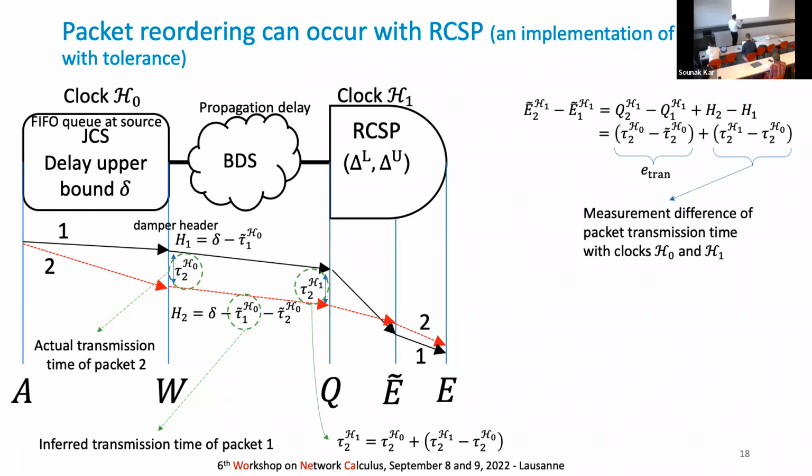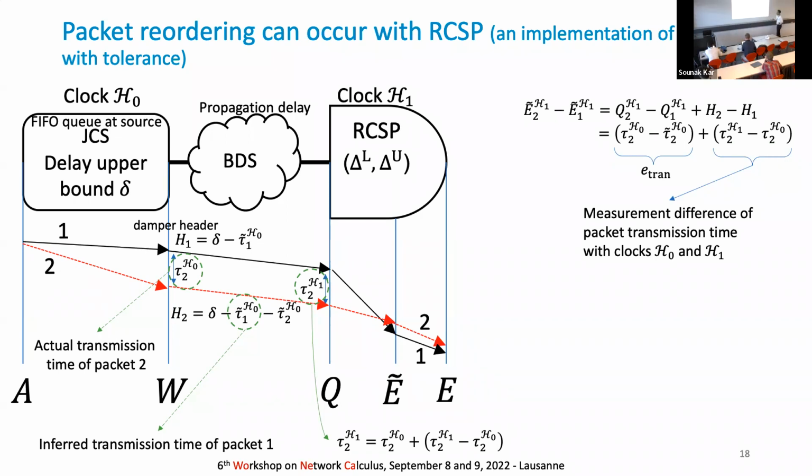Then, if the damper at the end computes the theoretical eligibility time simply as the arrival time plus the damper header, we see that the interspacing at the theoretical eligibility time of this damper has one part that is simply due to the error of inferring the transmission time. And there is a part that is the transmission time of the second packet seen from different clocks.